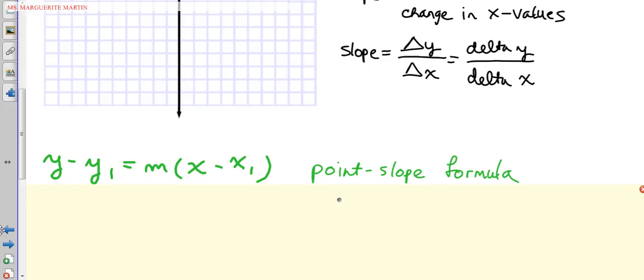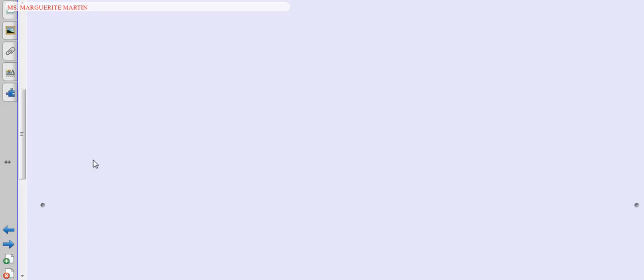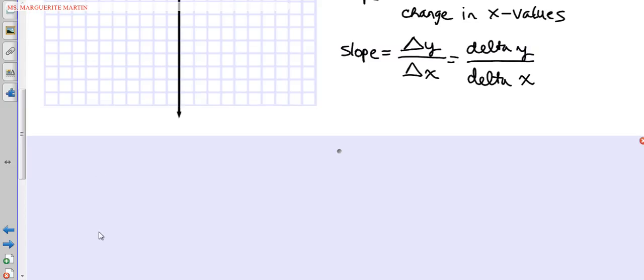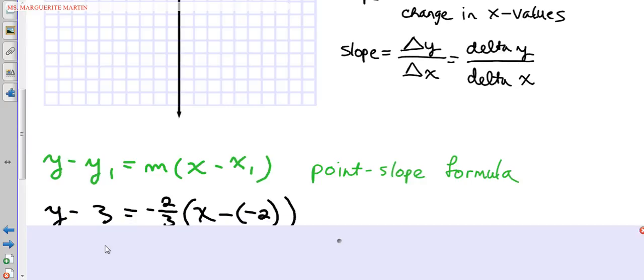And then we're going to substitute in one of the points, the point which we designated as x sub 1, y sub 1, and also the slope. So we're going to substitute in for the slope negative 2/3, for x sub 1 negative 2, and for y sub 1 3.